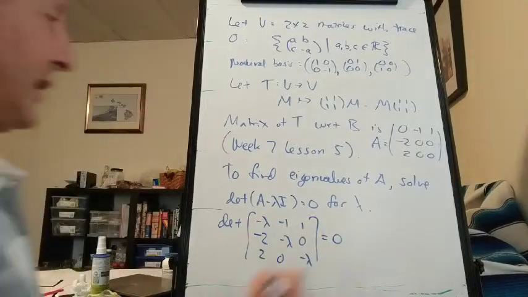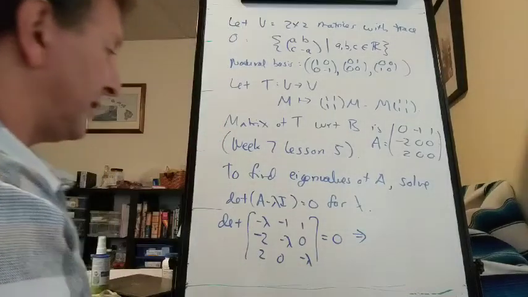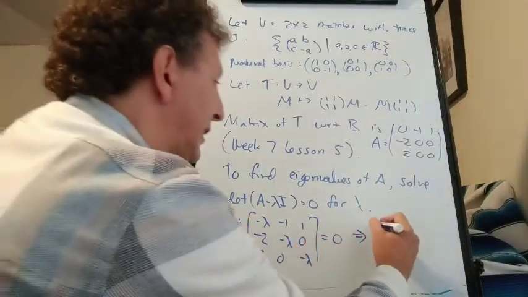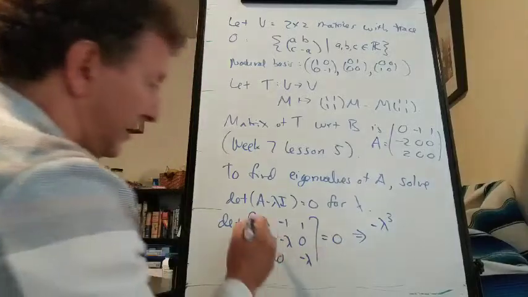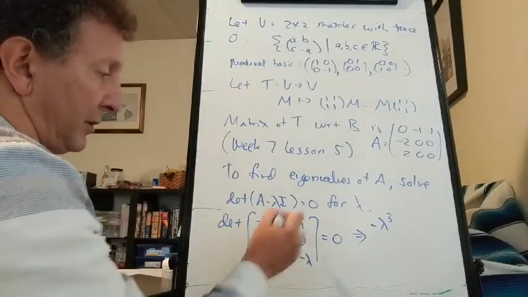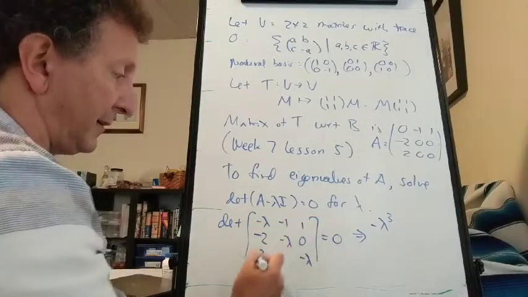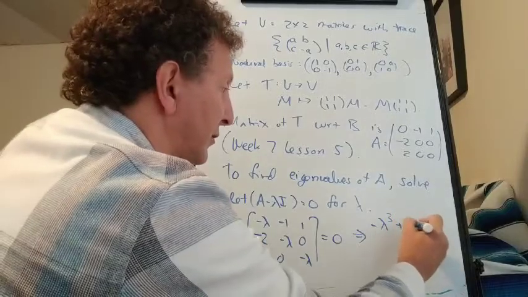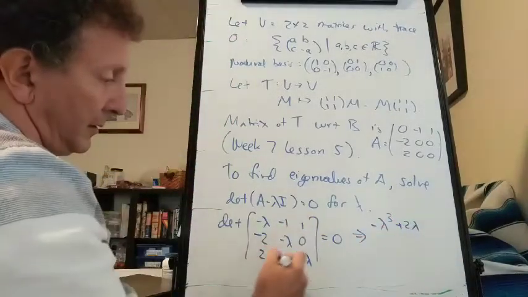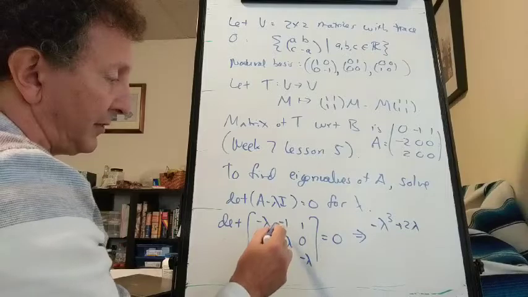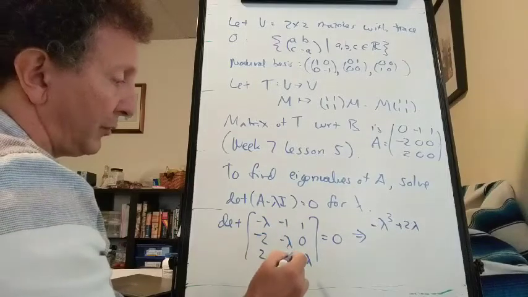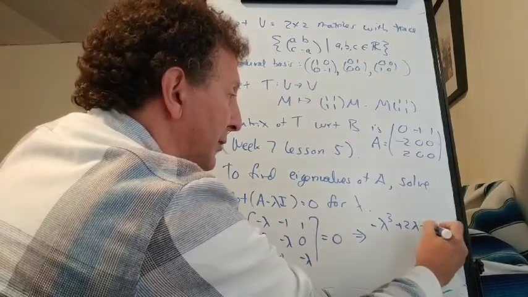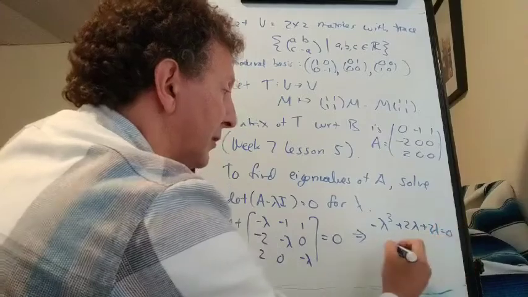So the determinant of that equals 0 tells us that, let's see, negative lambda cubed plus 0 plus 0 minus -2 lambda, so plus 2 lambda, 0 minus -2 lambda, so it's another plus 2 lambda equals 0.